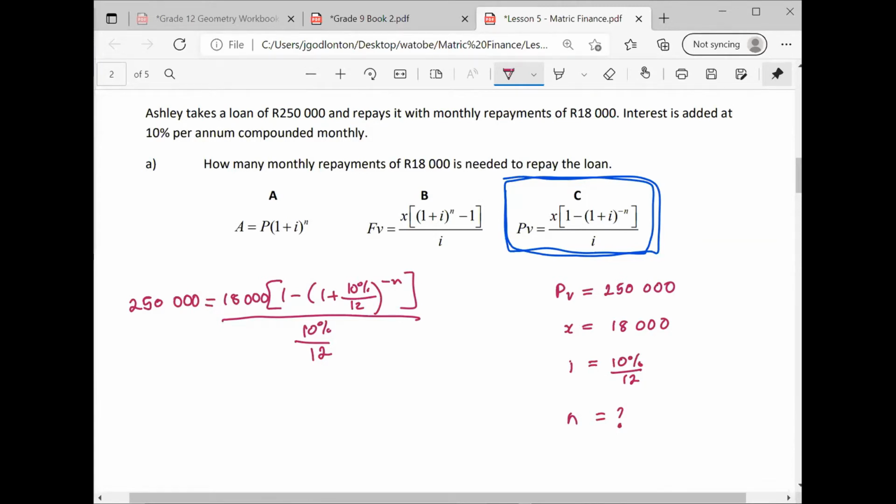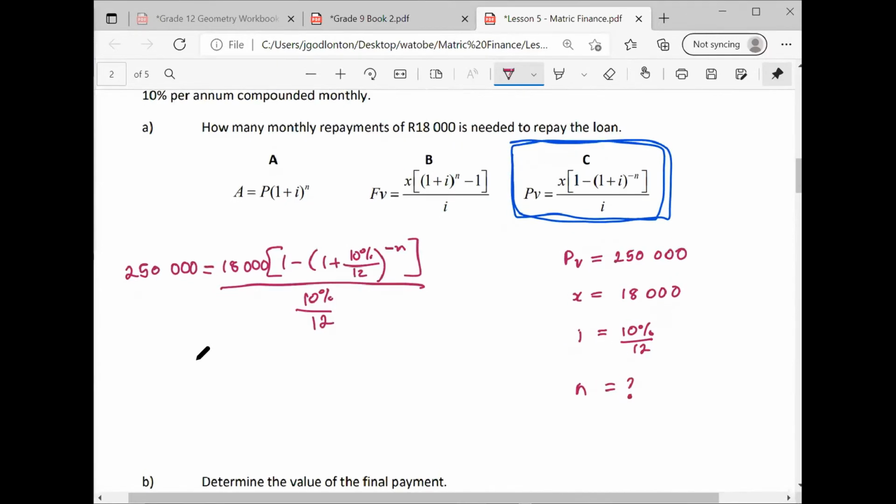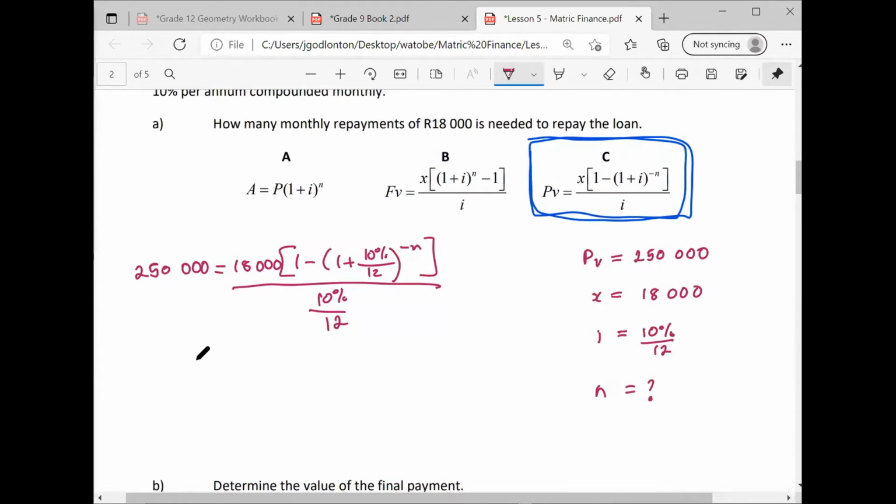It'll be a whole number. Okay, so anyone who's, oh, we got a 13. Okay.